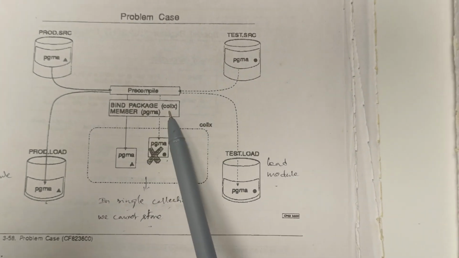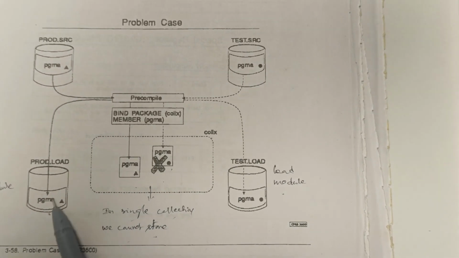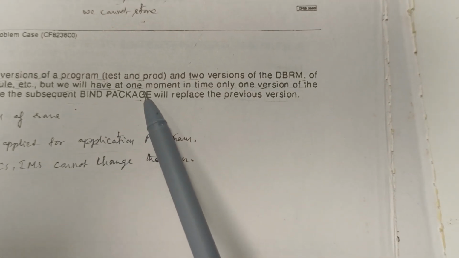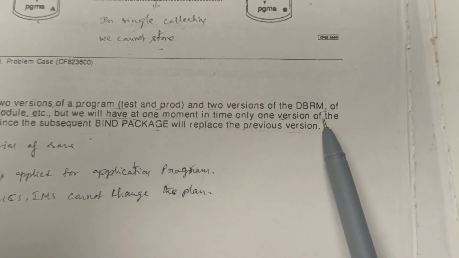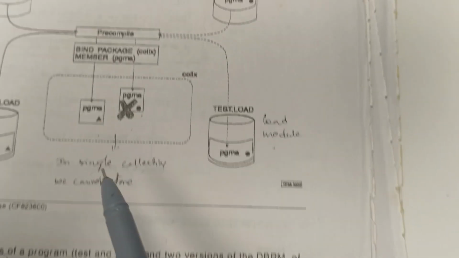Whichever is the latest version is stored in the package. That's why it is mentioned that at one moment in time there is only one version of the package, since a subsequent bind package will replace the previous version.